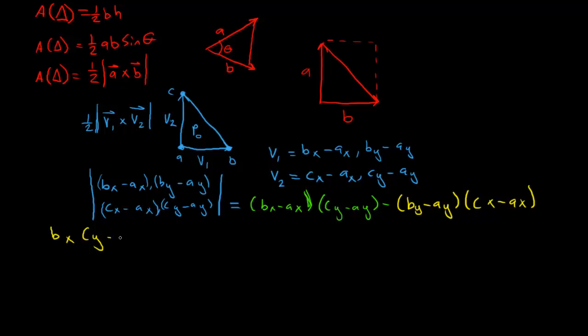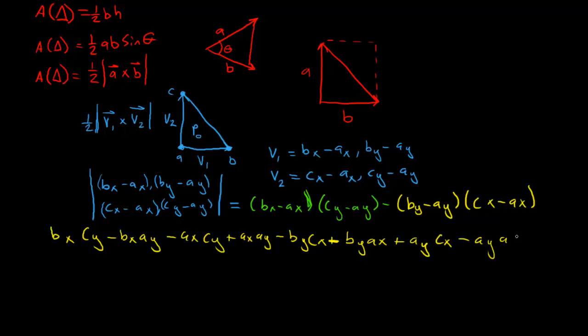So bx cy minus bx ay minus ax cy plus ax ay, minus by cx, plus by ax, plus ay cx, and then minus ay ax. Now we have another ay ax, that's plus, that's minus, these cancel out.